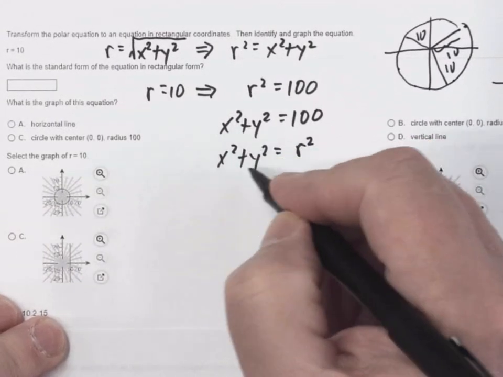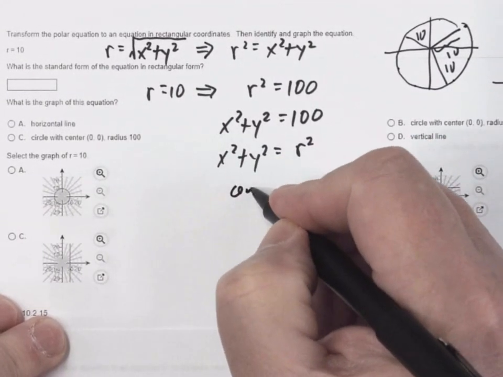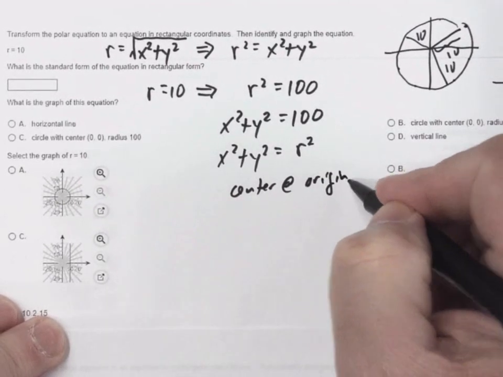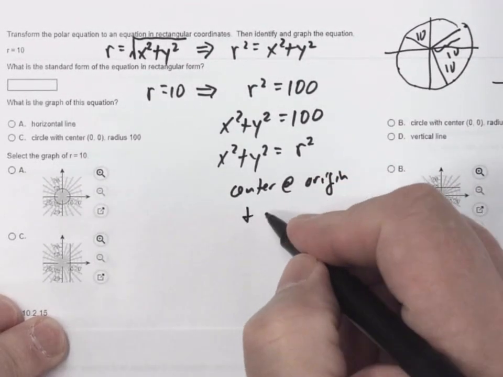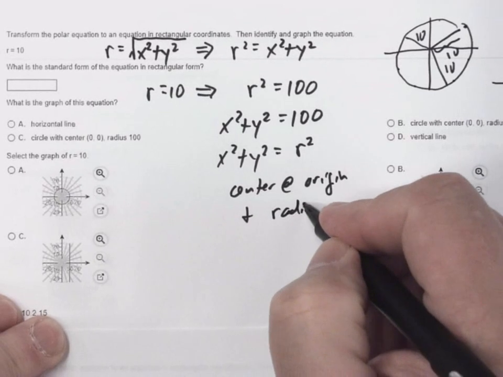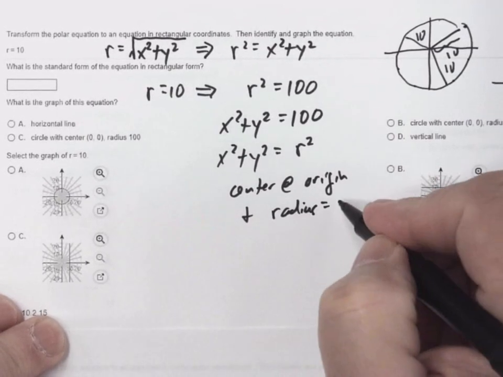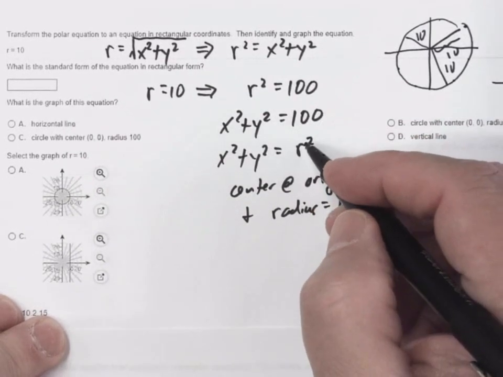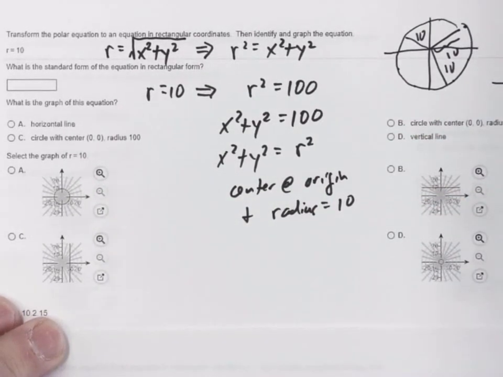So this is a circle with the center at the origin, and the radius would equal 10, because if this is r squared, then r would be 10. So I'm going to look at my possible answers here.